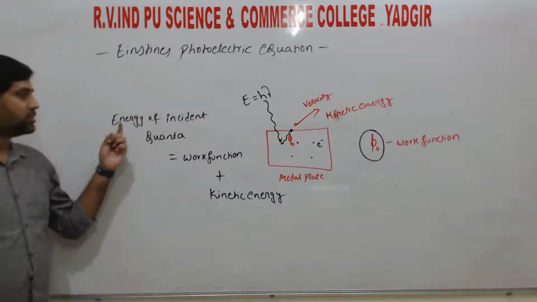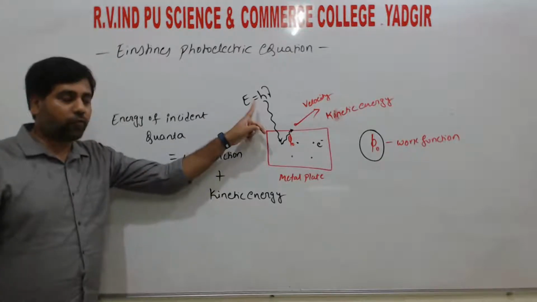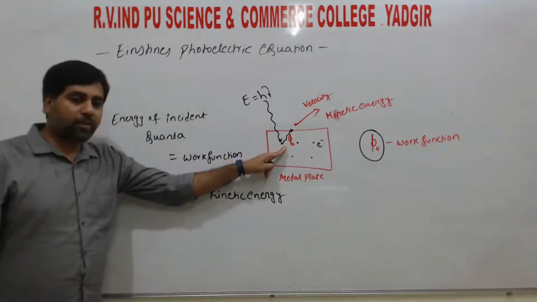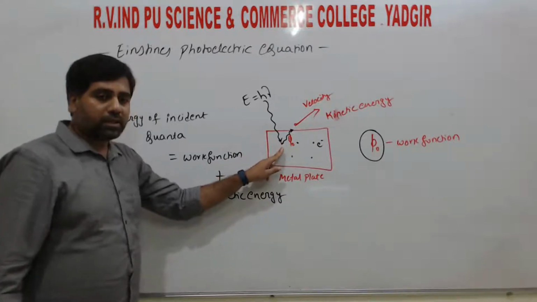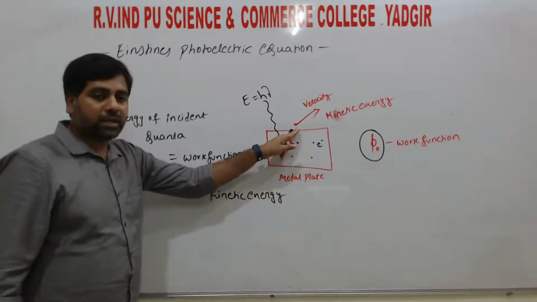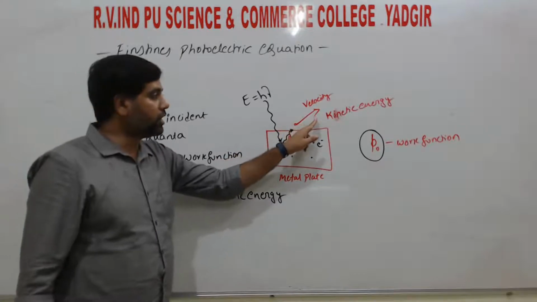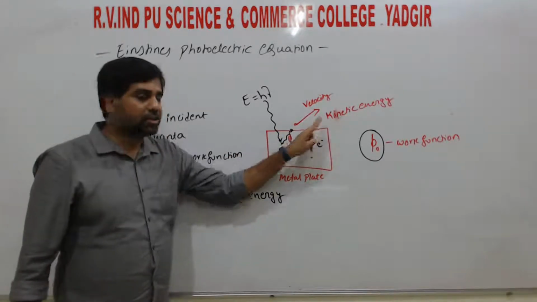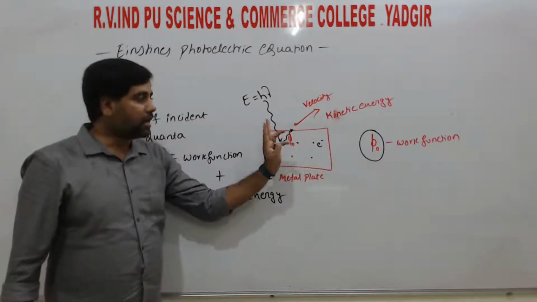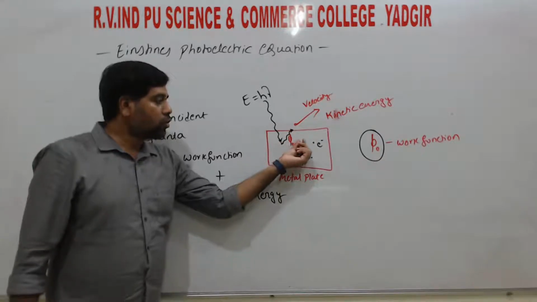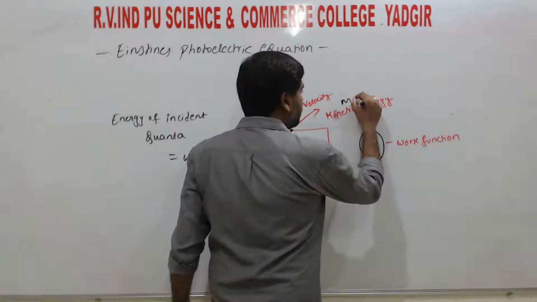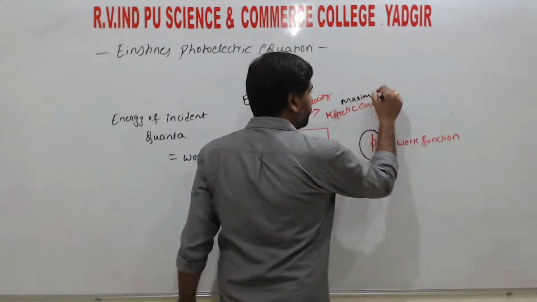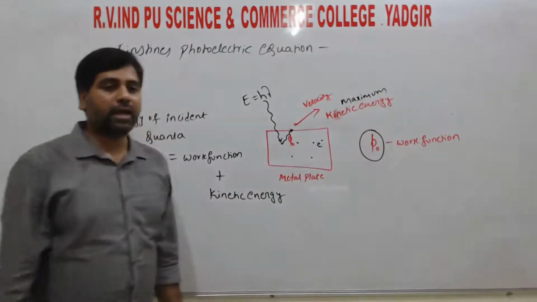According to Einstein's theory, the energy of the incident photon is absorbed by the electron, that is, it absorbs the minimum energy to escape from the metal surface, and the remaining energy is utilized for the kinetic energy of the electron, right? If the electrons are closely bonded, this energy is called the maximum kinetic energy.